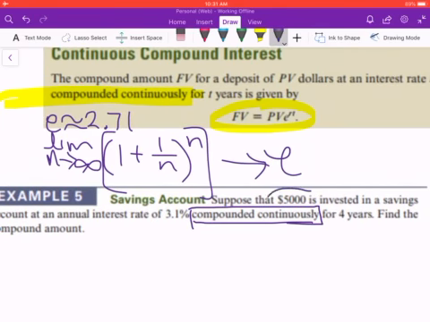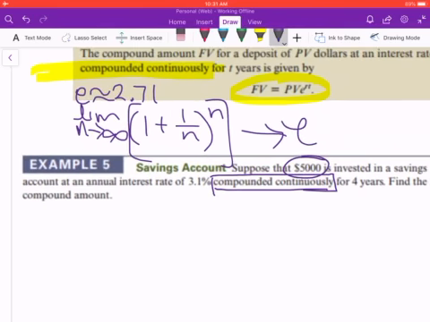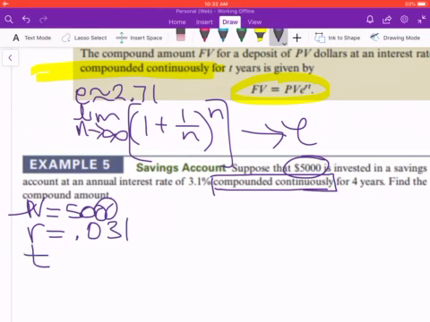So we have here, suppose that you have $5,000, and you want to invest it at an interest rate of 3.1%, so it will be 0.031, and the time is for 4 years.